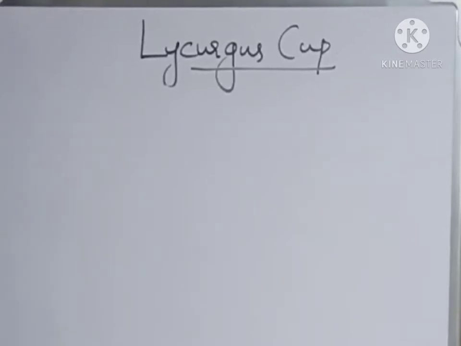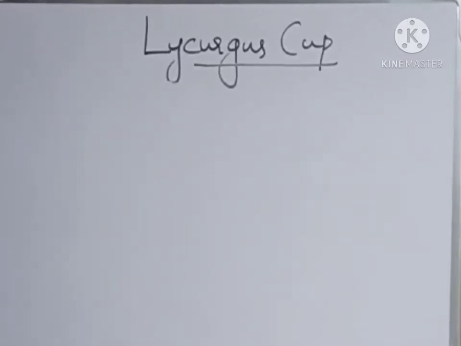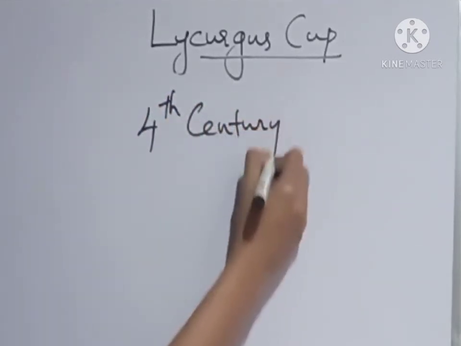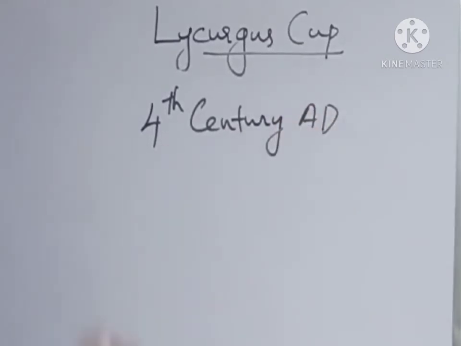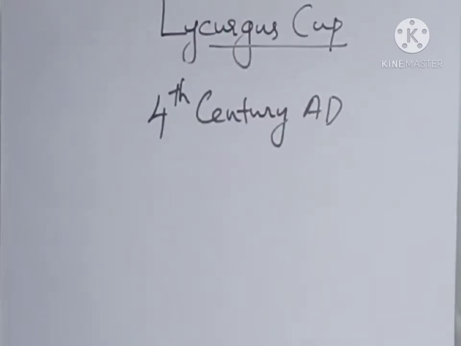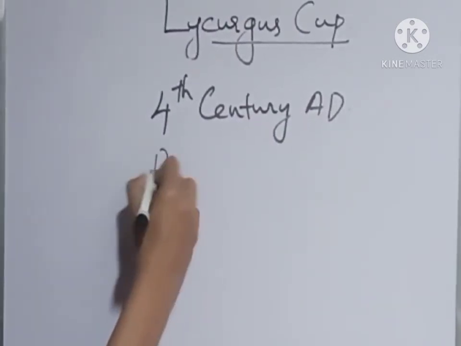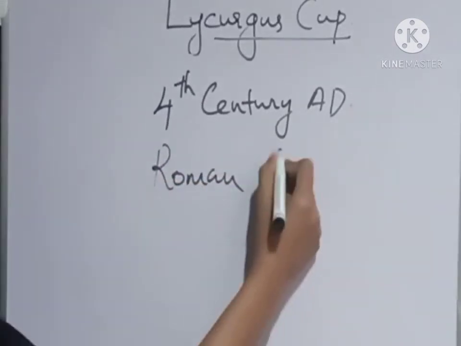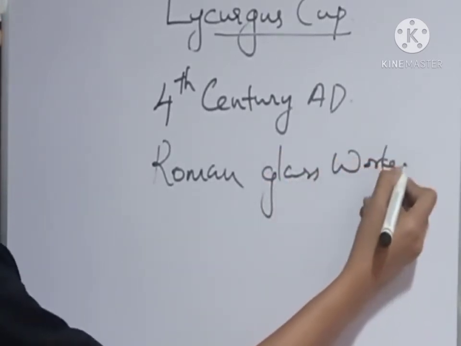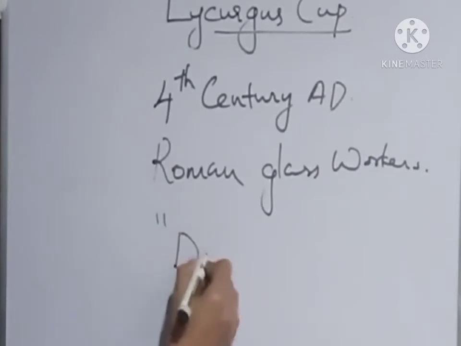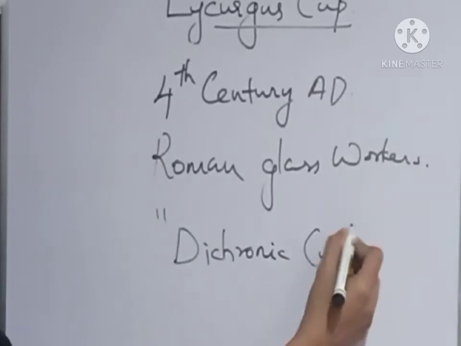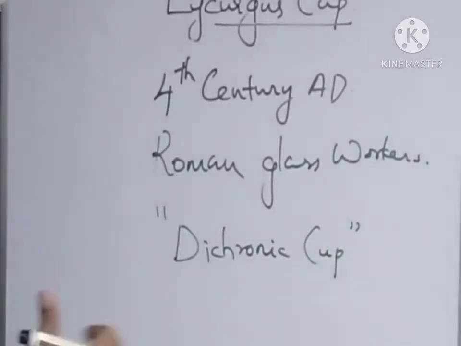Now let us talk about an unusual optical device which was developed in 4th century AD. That optical device is known as Lycurgus cup. This Lycurgus cup was developed by the Roman glass workers. This is a dichroic cup. Dichroic means it shows two different colors.